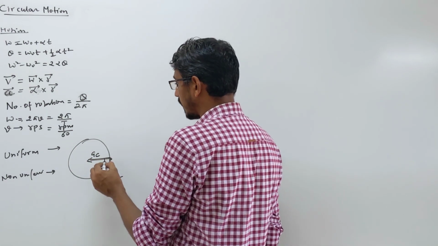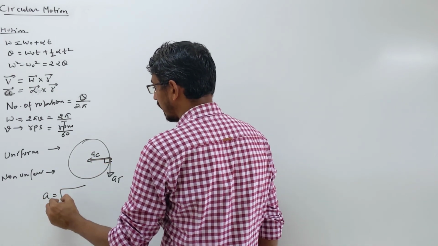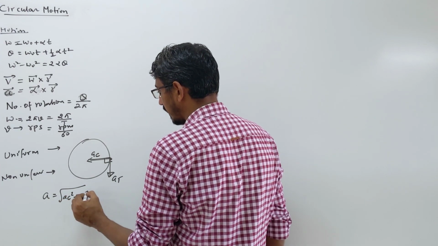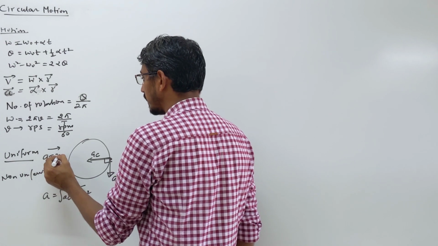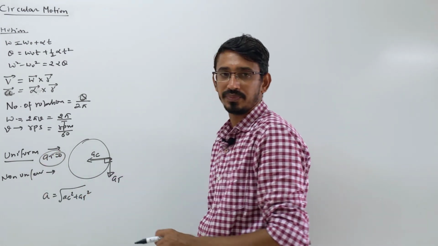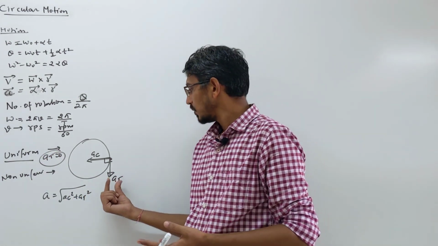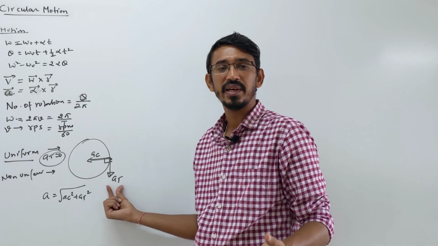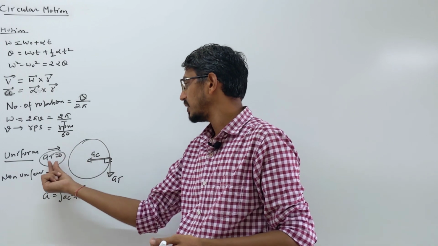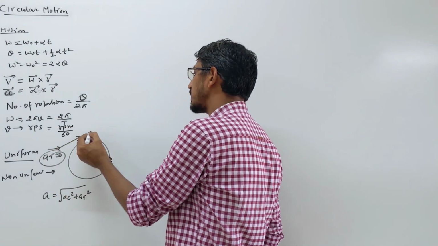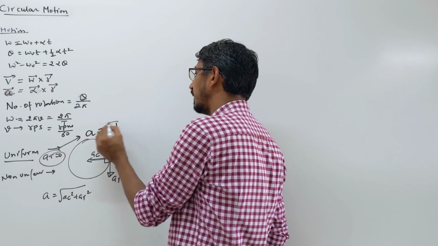So net acceleration we get by adding these two by vector rule, square root of a c square plus a t square. So when you talk about uniform, then your a t is directly 0, this is moving at constant speed, right? The acceleration in the tangential direction, which comes due to change in speed, is directly 0. So we have only one acceleration, net acceleration will be simply a c only.